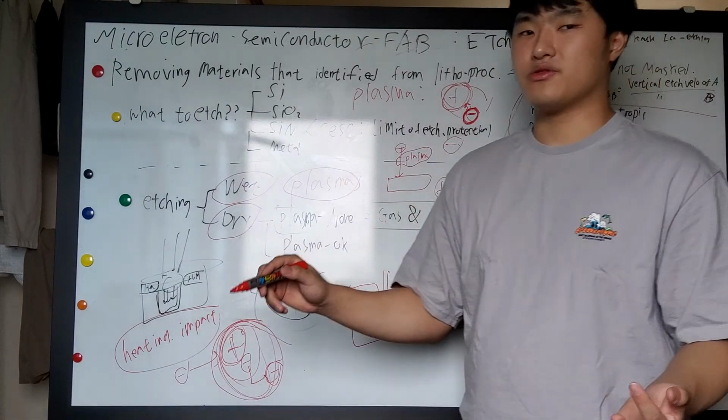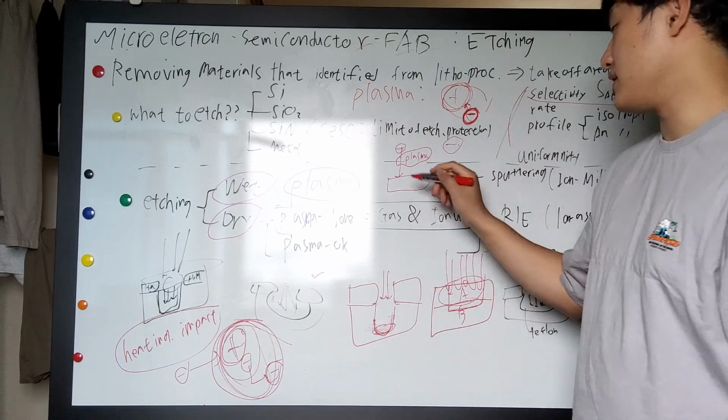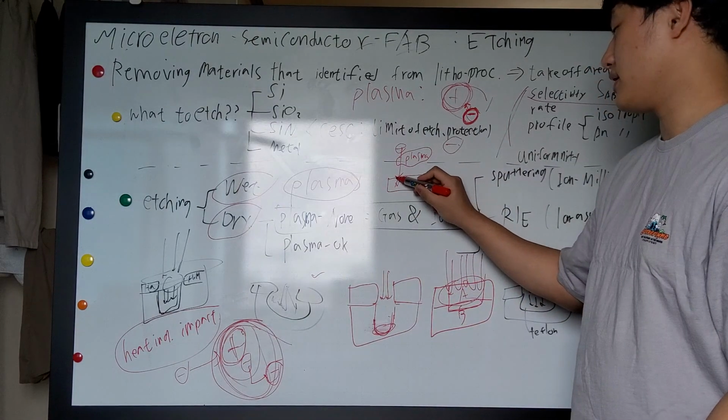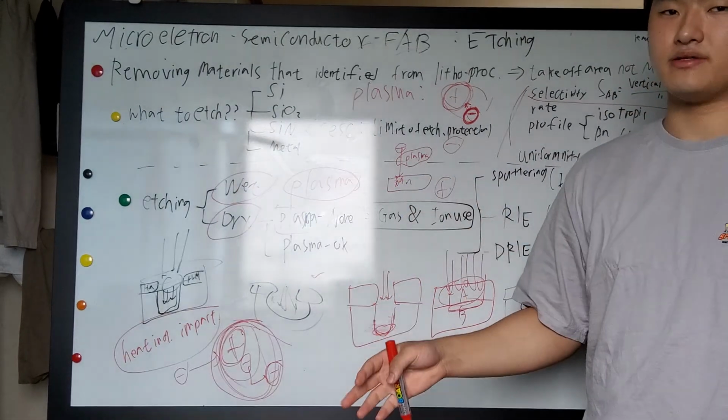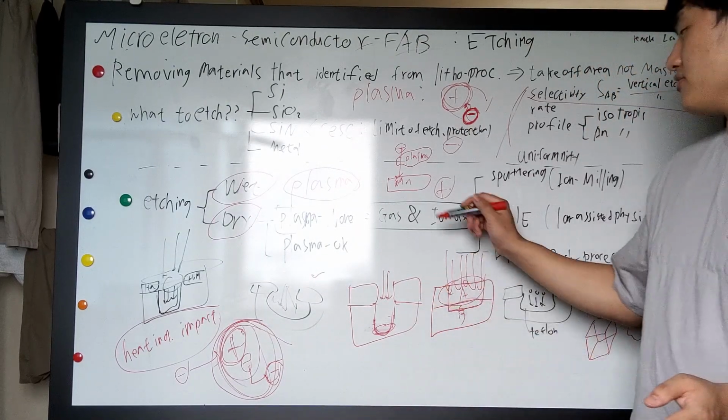If the electron is accelerated enough, it will hit this material, and the part that was just impacted by the electron will be cut off or cracked, and this makes the etch.